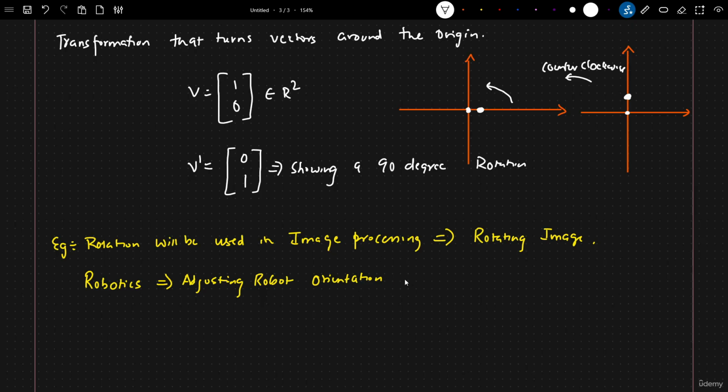For a dog, how it visualizes the entire world will be in a different orientation. If there is a robot just like a human being, there will be a different orientation itself, right? And if I also have 3D graphics, I can also use this technique for rotating objects. So these are some of the examples.